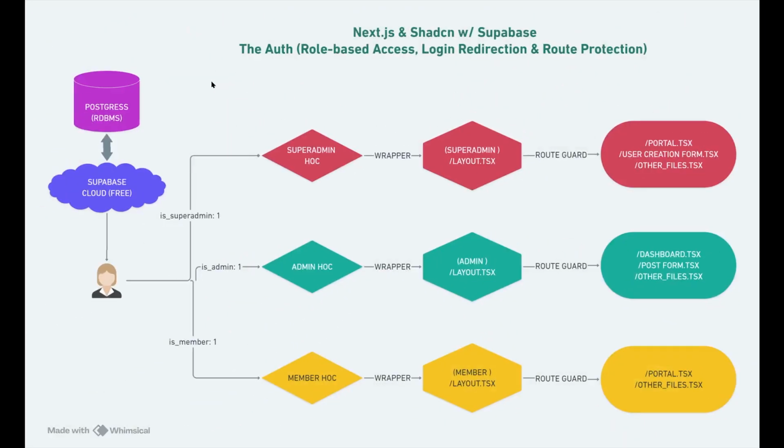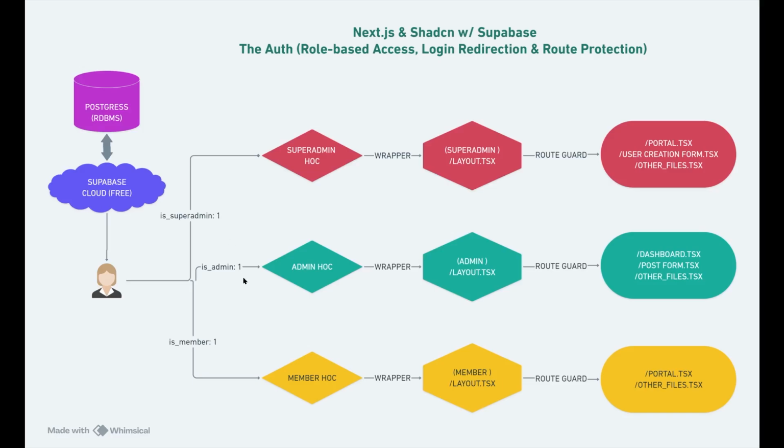All right, so this is what's happening in the backend. With every login, from the Supabase user object, we're getting these custom data points that I added. The values are booleans: is super admin, is admin, or is member.